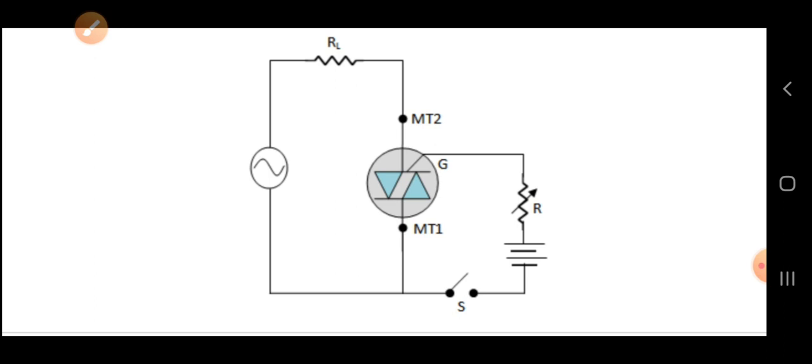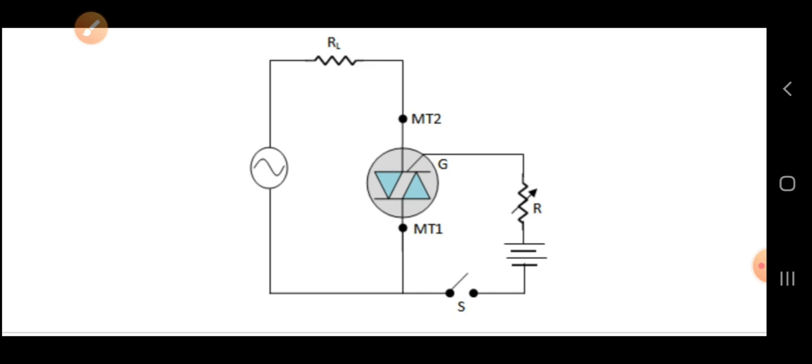The same operation we saw in the SCR is going to happen in the TRIAC. The TRIAC is given the AC supply, and when the AC increases, whether in the positive half cycle or in the negative half cycle, it reaches the highest peak value from the initial 0 to the maximum value.